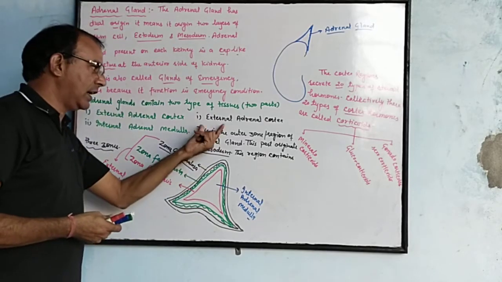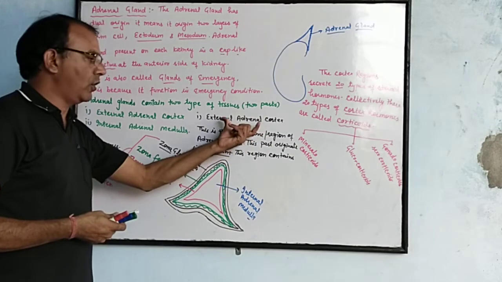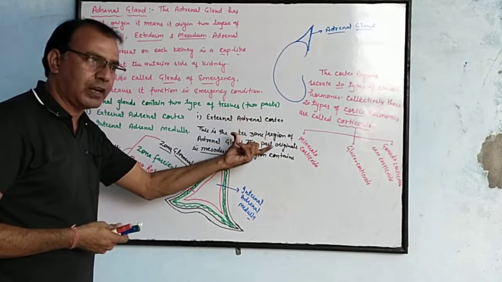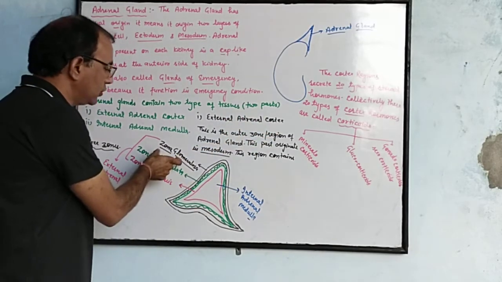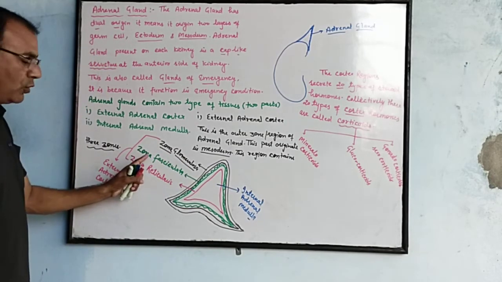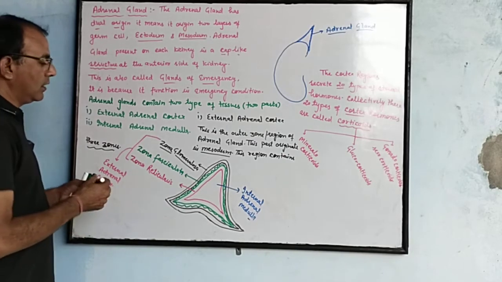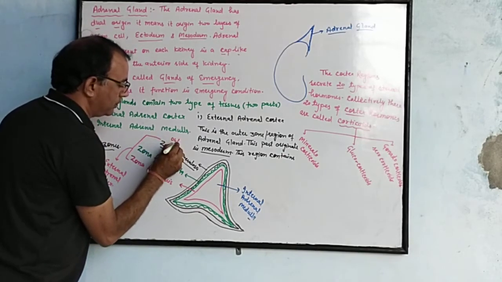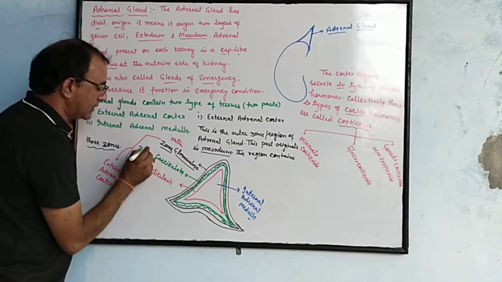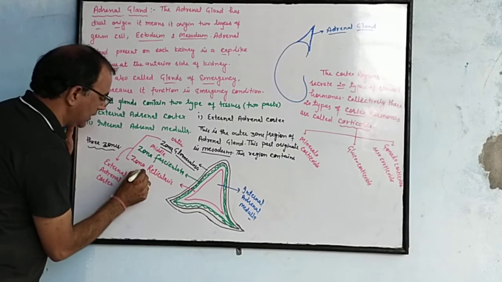Mesoderm originates the external adrenal cortex, the outer layer, which contains three zones. Outermost is zona glomerulosa, middle is zona fasciculata, and internal is zona reticularis.